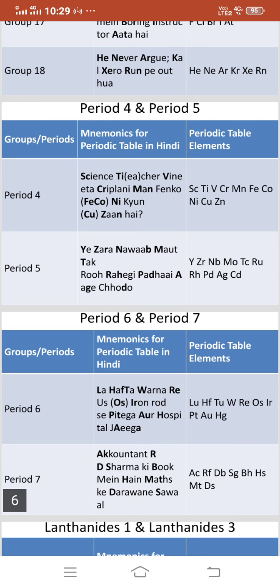Now the mnemonics for period 6 and period 7 elements. Period 6 mnemonic is ला हफ्ता वरना रियोस आयरन रोड से पीटेगा और हॉस्पिटल जाएगा.